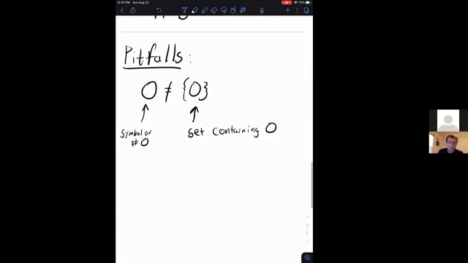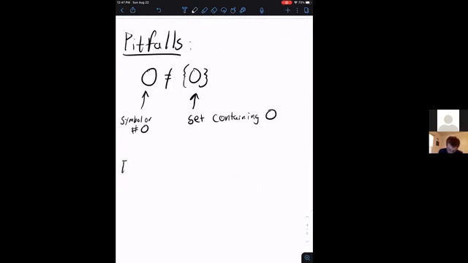Let's do another example. Let's do an example here. How many elements are in this set right here?